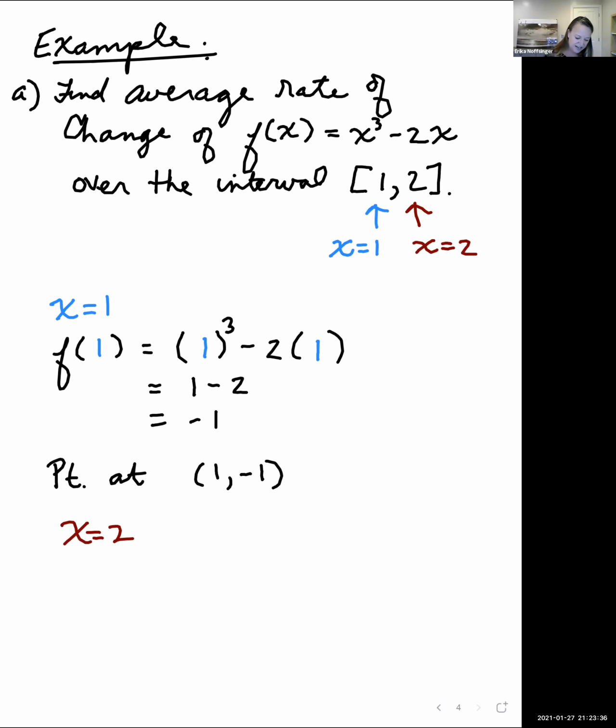And so again, wherever we see an x in our function, we're going to put a parentheses and then go back and replace that with a 2. So we have f of 2 is equal to, I see a parentheses, cube it, minus 2. I see an x, so put parentheses.